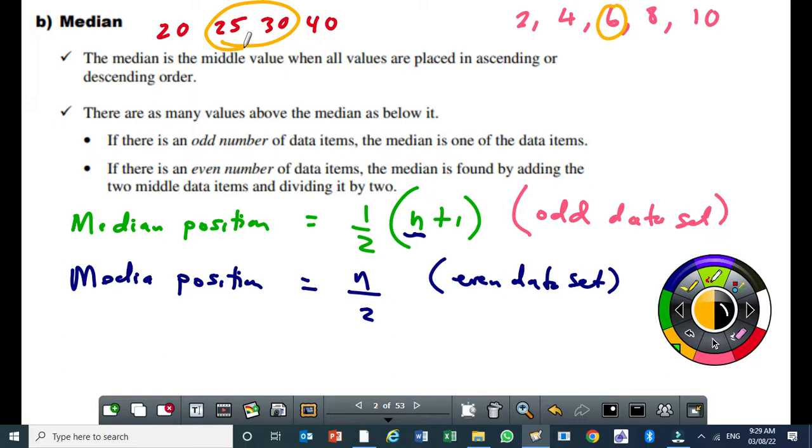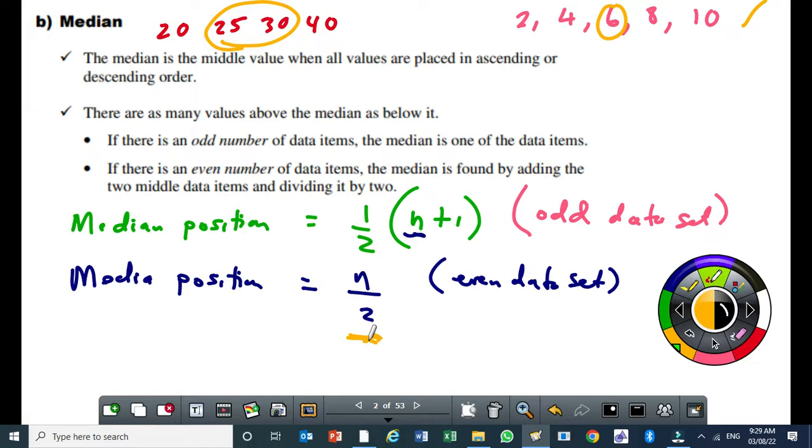Then you add the two and divide by two. If the data set is odd, it's very straightforward. For the even case, this position will not help you entirely, but it will only help you identify the first value that you consider, and then the next one which is next to it.